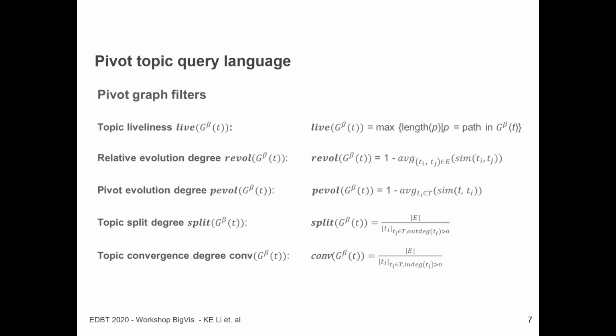The relative evolution degree means the average dissimilarity values in a pivot graph. The pivot evolution degree is the average dissimilarity values of all topics in a pivot graph with respect to the pivot topic. The split degree is defined by the average out degree of a pivot graph, and the convergence degree is defined by the average in degree of a pivot graph.